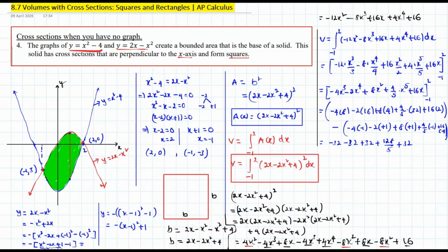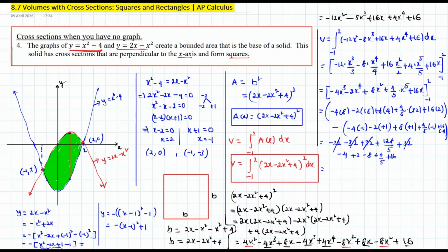So minus of negative 4 gives positive 4, negative of positive 2... that is negative 2, negative of positive 8 is negative 8, and the negative of negative 4 fifths is positive 4 fifths, and the negative of negative 16 is positive 16, right? Okay, so now the negative 32 and positive 32 get cancelled.